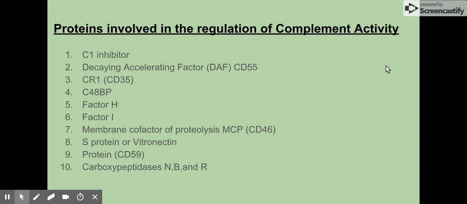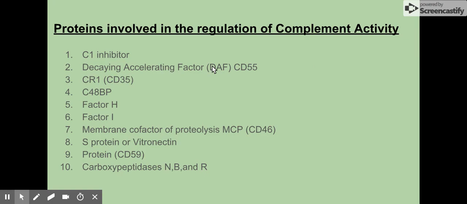Number two, the decay accelerating factor, or the CD55, can affect either the classical pathway or the alternative and lectin pathways. Its function is to accelerate dissociation of C4b2a and C3bBb C3 convertases.